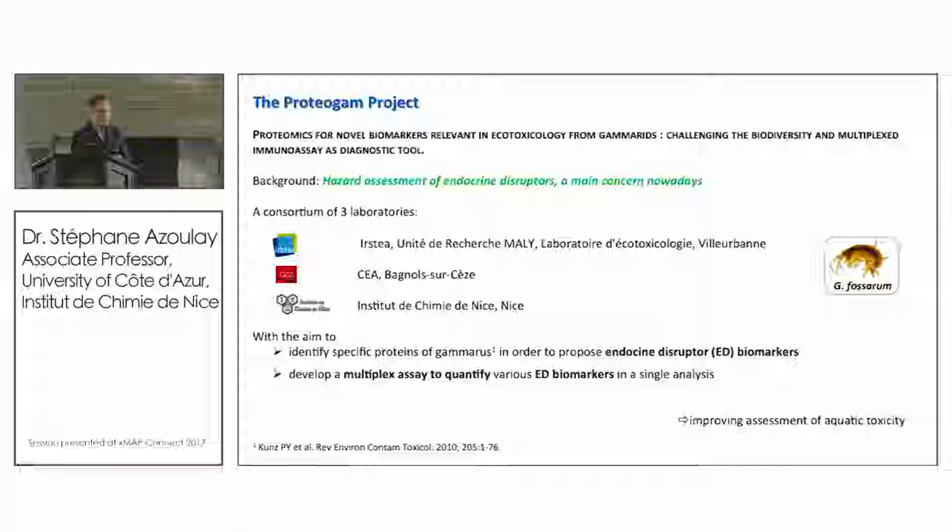So in this project, we try to identify specific proteins of this invertebrate to propose endocrine disruptor biomarkers that can be used for following pollution.